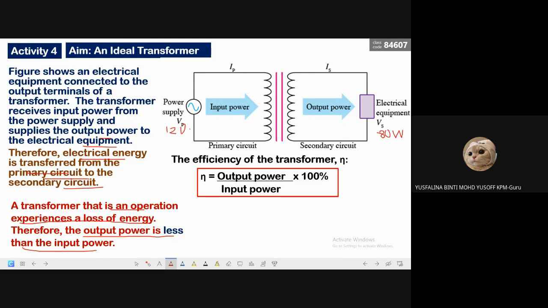Okay, this is just an example. Remember, don't take the voltage, you take the power. I'm afraid later you take the voltage. No, we take the power. So efficiency: output power is 80 divided by 120, then you times 100, so you will get the efficiency there. Okay, so this is a percentage.